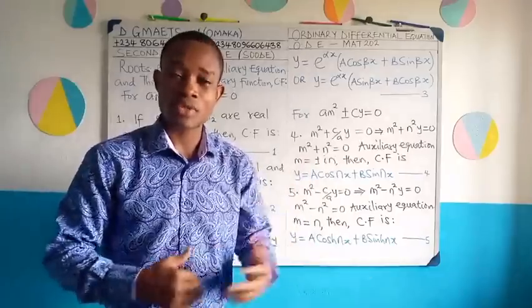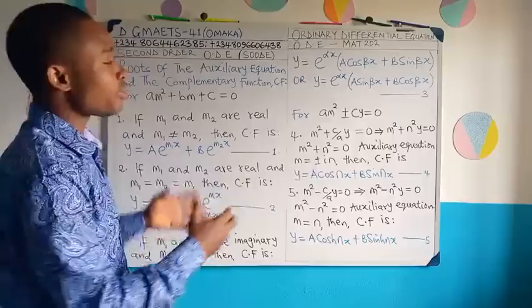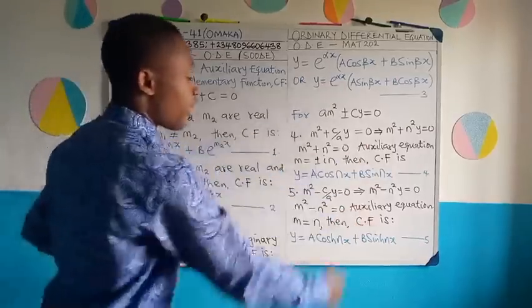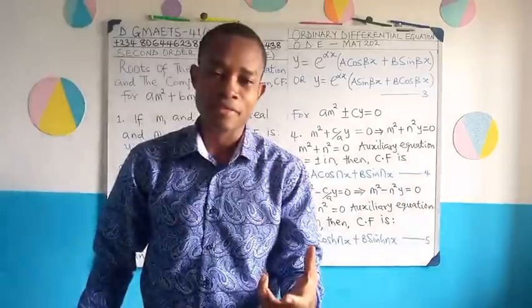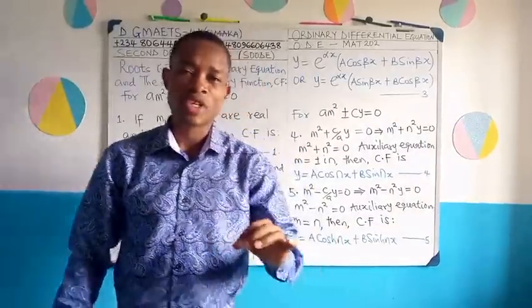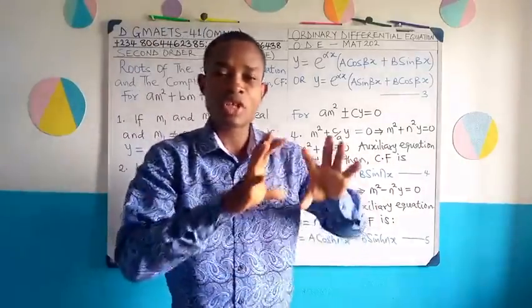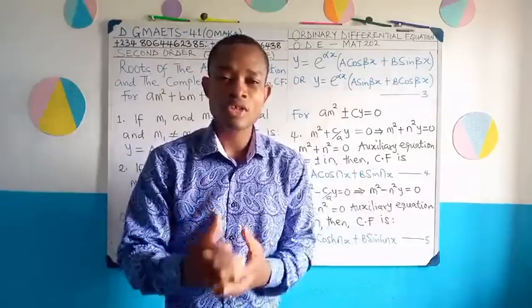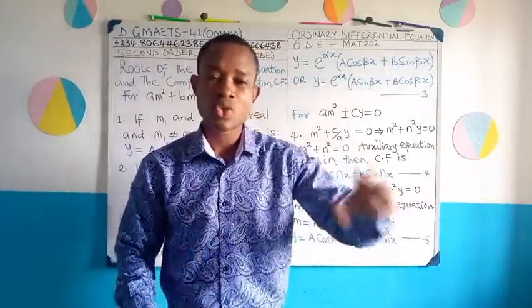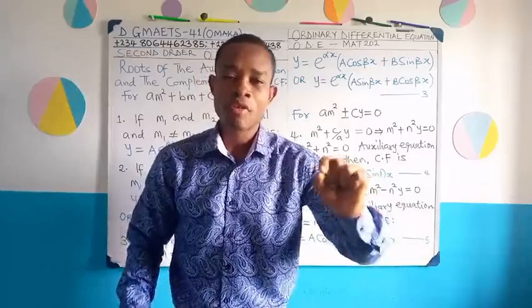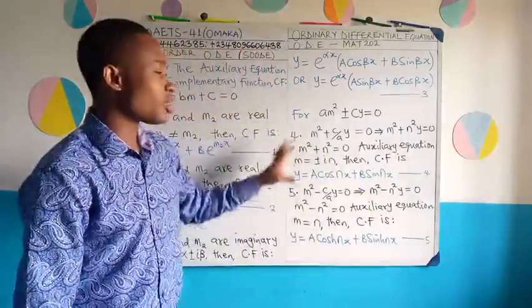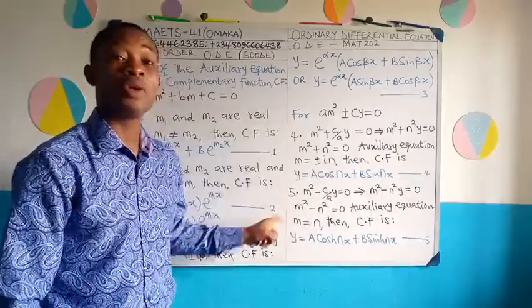These equations, these complementary functions, otherwise known as solutions 1, 2, 3, 4, 5, are derived. However, we've chosen to just pick these solutions. When problems are given to you, all you need to do is solve the auxiliary equation for that homogeneous O.D.E. and then pick the solution that applies to it from here.